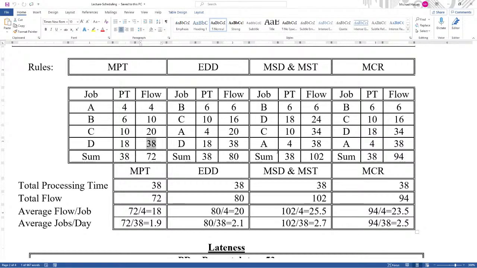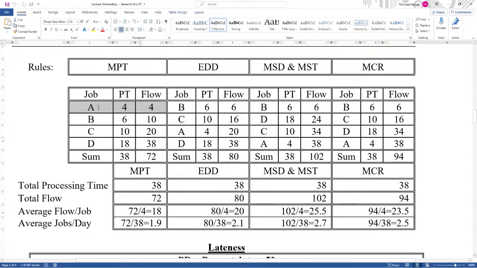Notice I can add up the processing times, and that's 38. So 38 here is the total processing time. That's the same as the flow of the last job in the schedule. So there are some properties here. Now this is the flow of every job in the schedule. I can add up the flow, and this is called the flow of the schedule.